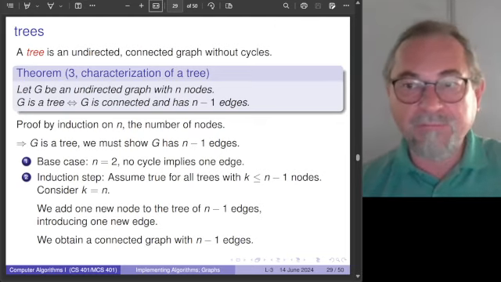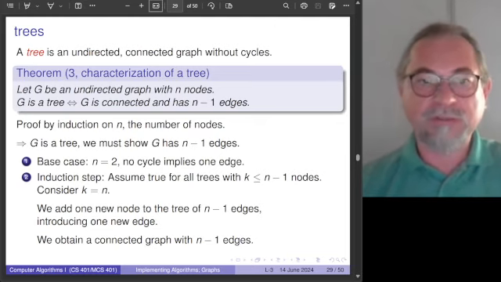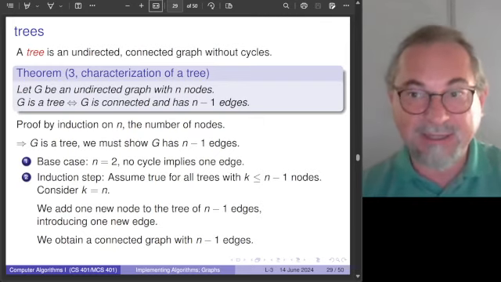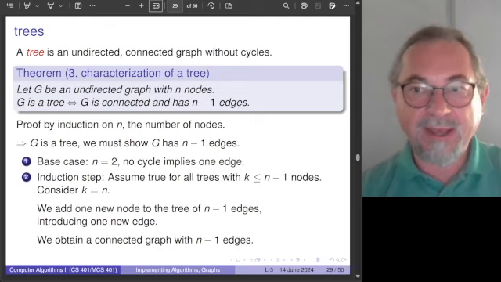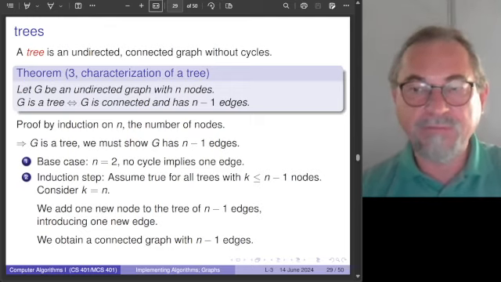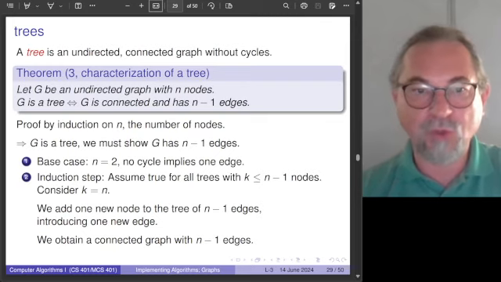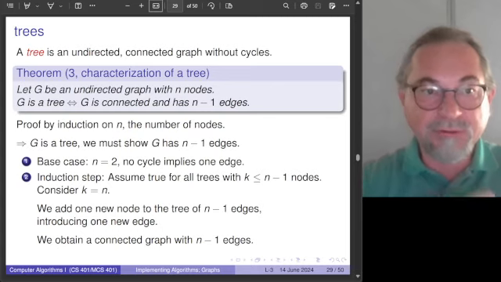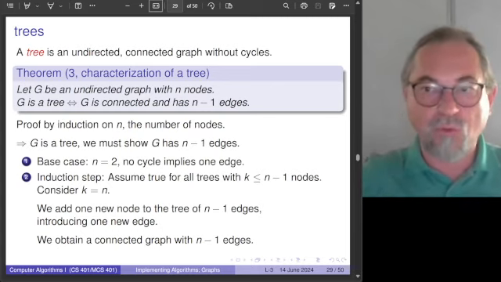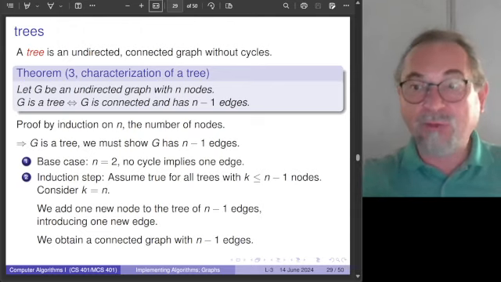We have proven it for all trees of k nodes, where k is strictly less than n, or n minus 1 or less. And now we will have to prove it for a number of nodes k equal to n. So we go from trees with n minus 1 nodes or less to one larger tree.